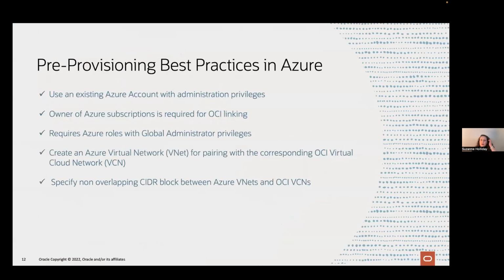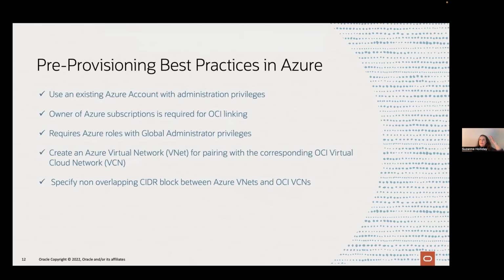So when we're talking about provisioning, there are some prerequisites that you really should check and be familiar with. At the end of this presentation, we provide some good links as a source of reference. And you should always check your documentation before provisioning, which also highlights these particular points. So any existing Azure account has to have these particular administration privileges.